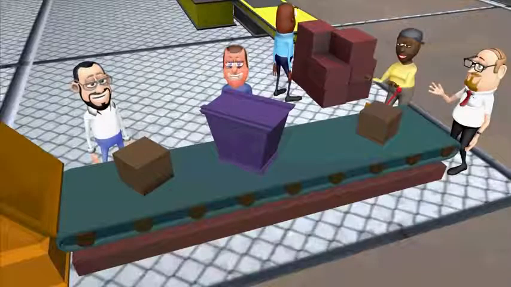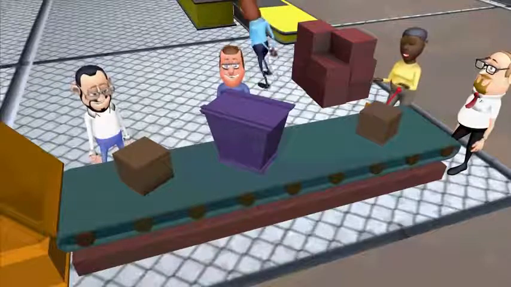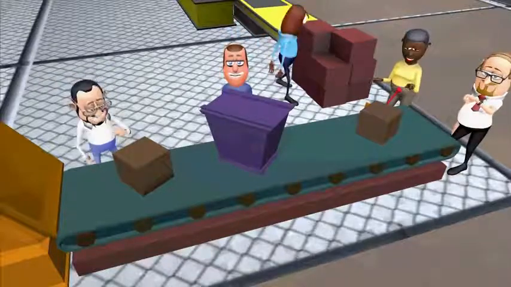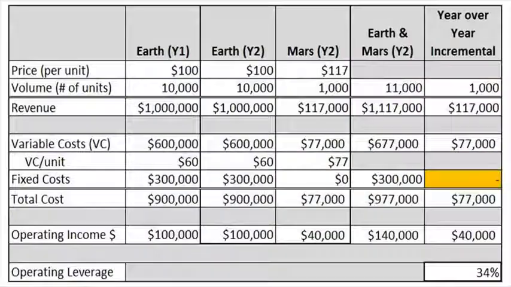In addition to matching price to value, the price increase is accomplished using the same production facilities and equipment, resulting in zero incremental fixed costs. Since increasing price does not increase volume, Mars variable costs remain constant at $77 per unit.